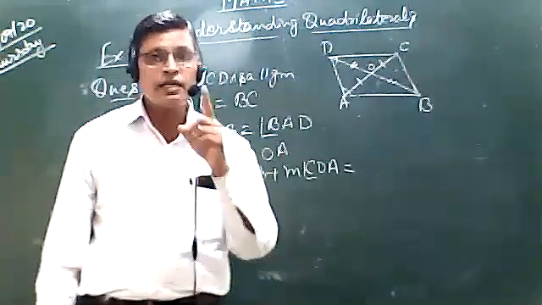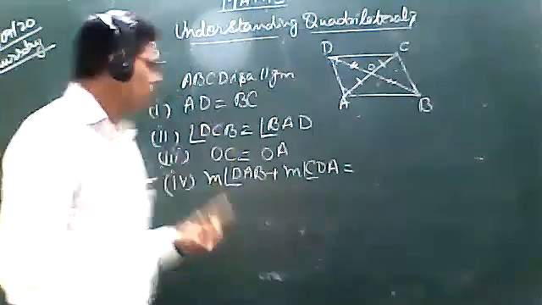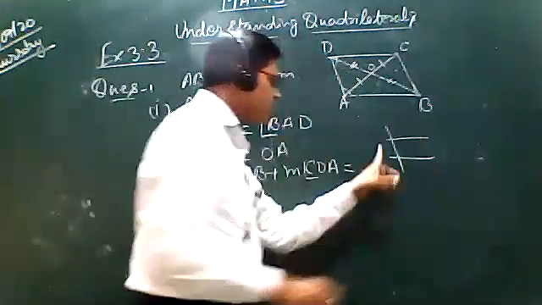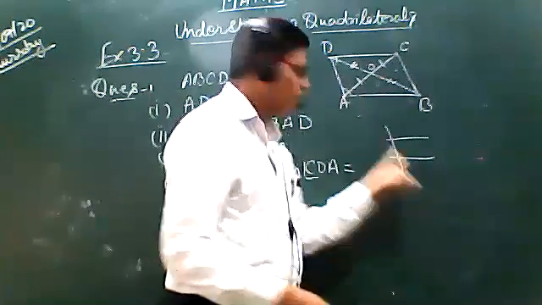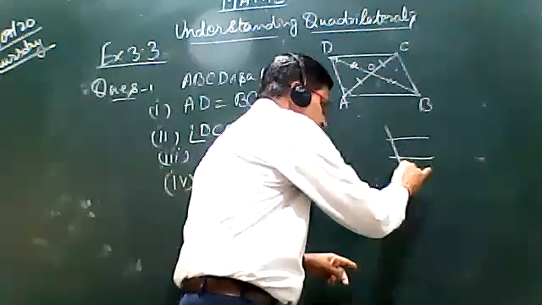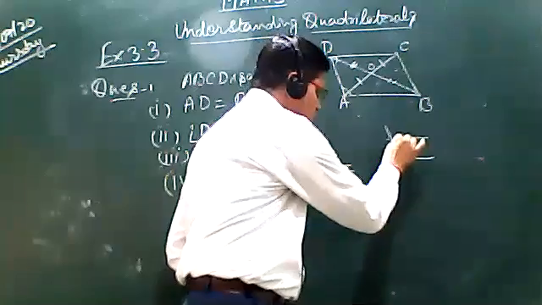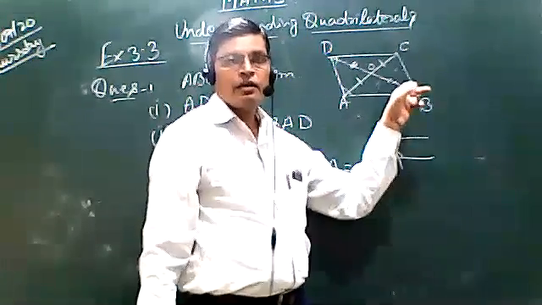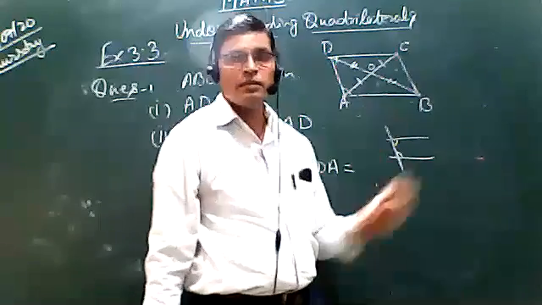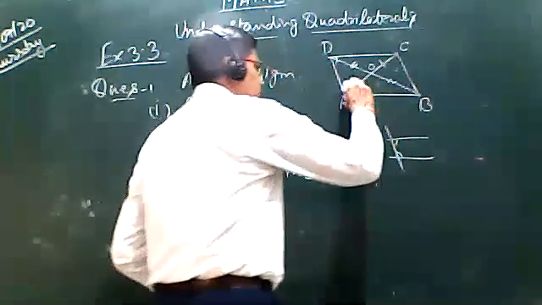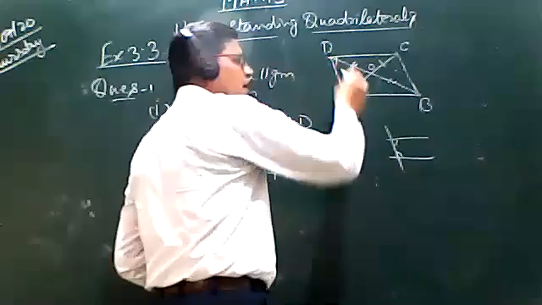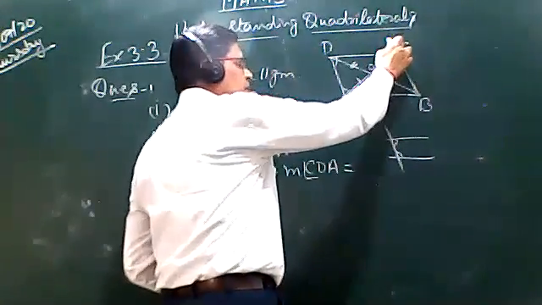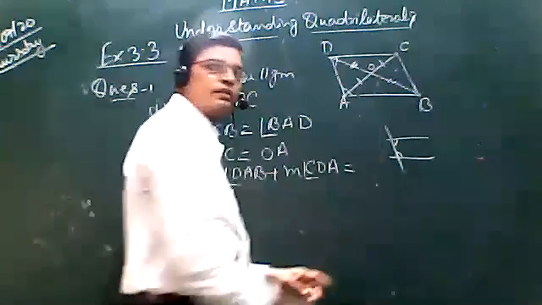You studied in the previous class, class 7th, if two lines are parallel and another line is a transversal, then the sum of the consecutive interior angles is always 180. Consecutive interior angle का sum हमेशा 180 होता है. This angle and this angle are consecutive interior angles because AB is parallel to CD and AD is the transversal line.